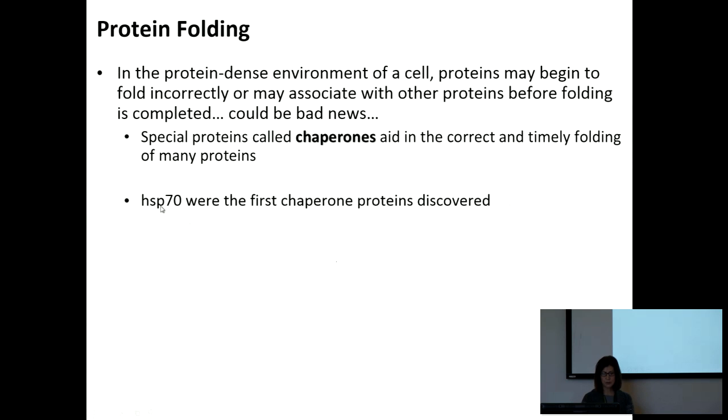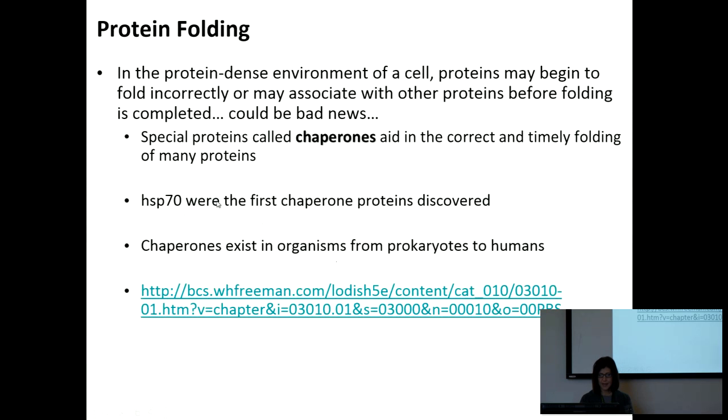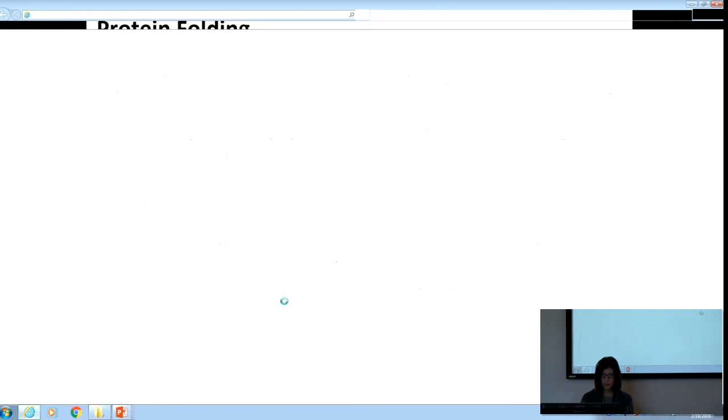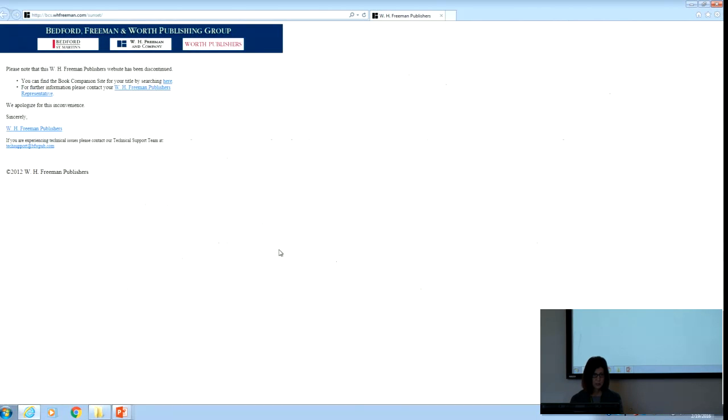Heat shock protein was the first chaperone protein to be discovered. I remember talking about this back before you guys were born. And chaperones exist in all our cells, from prokaryotes to humans. And this is another YouTube video that shows how some of these work.